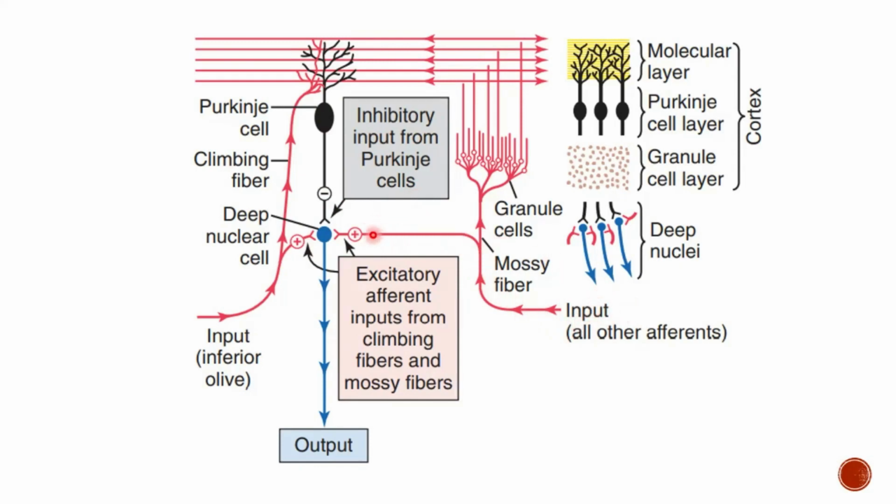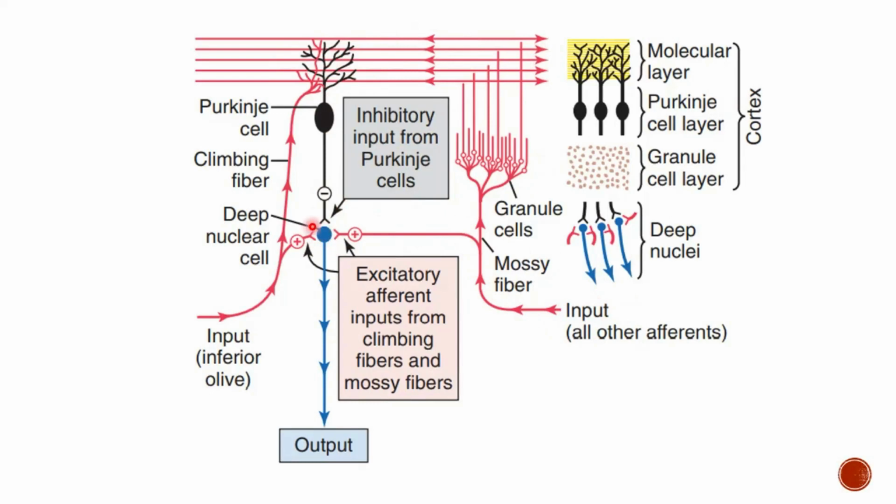The mossy fibers are stimulatory to the deep nuclear cell, as well as going to many granule cells. Many granule cells are going to form the parallel fibers, and these parallel fibers again are going to stimulate my Purkinje cell. The Purkinje cell in turn is going to inhibit my deep nuclear cell.